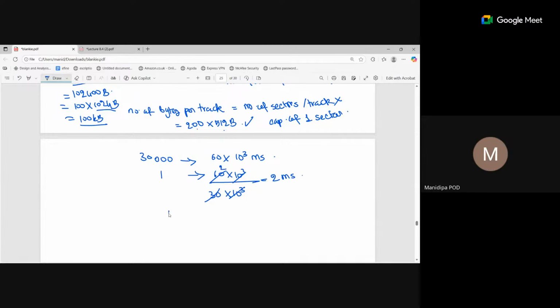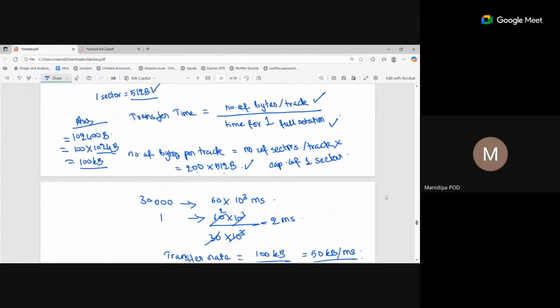Now what is the transfer rate? Just put these in the form of a fraction: 100 KB by 2 milliseconds. This is 50 KB per millisecond. Okay, so this is the answer to the primary question, what is the transfer rate?